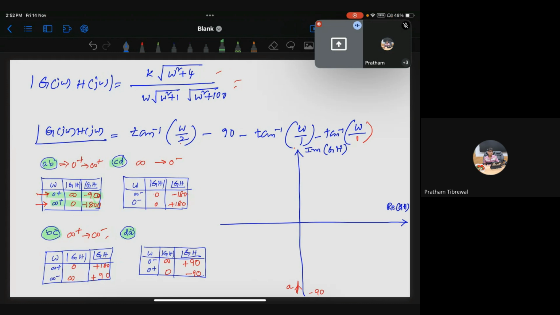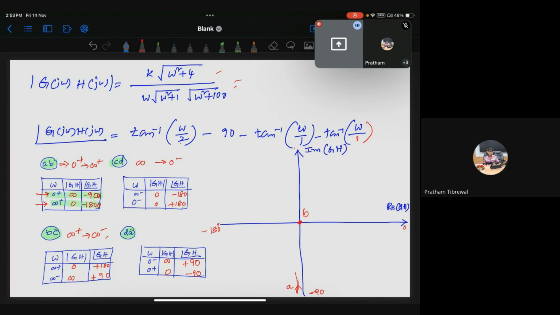The next point is it is going to 0 with an angle of minus 180. Is this clear? It is going to 0 at this point. This will be point B. Where is this minus 180? So this is 0, minus 90, minus 180. From minus 90 to minus 180, how can you go?